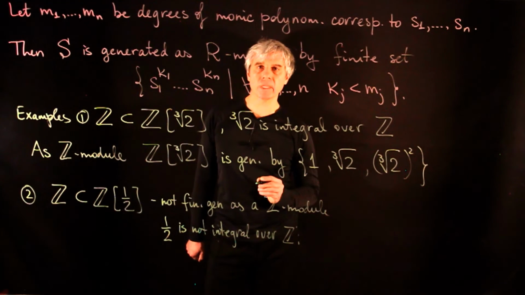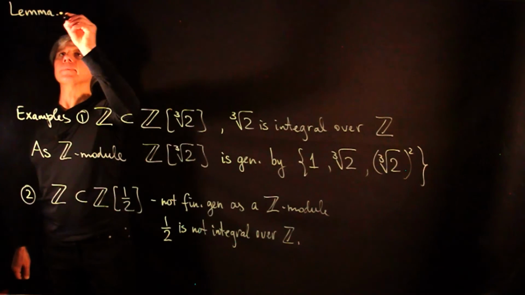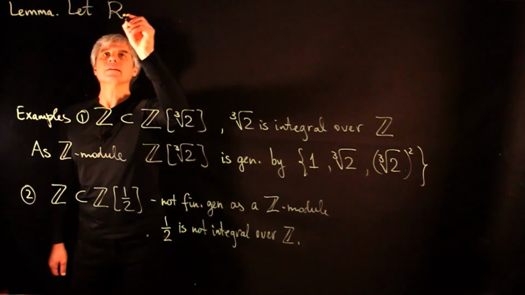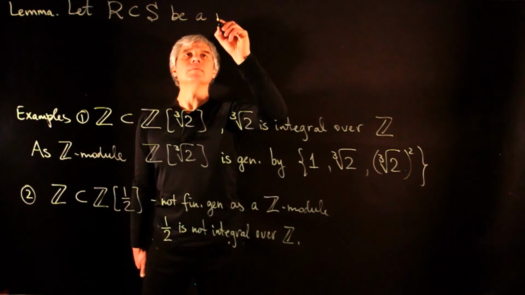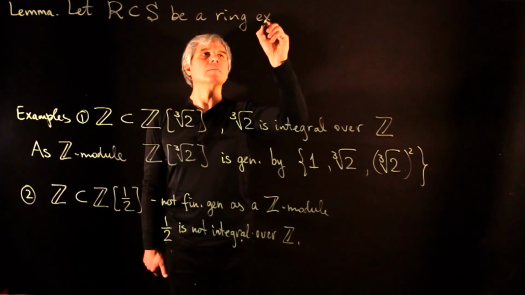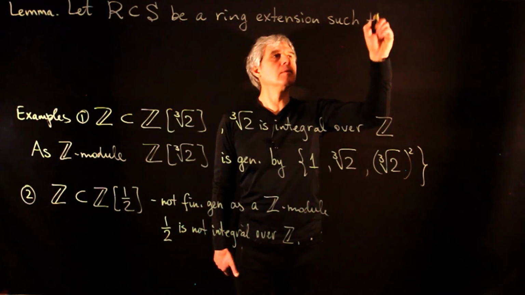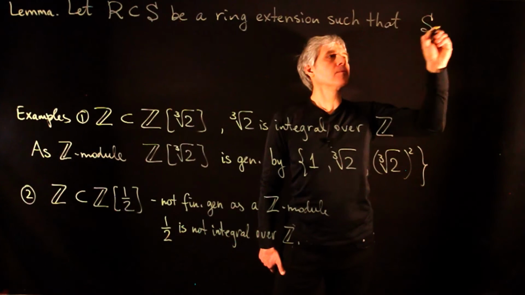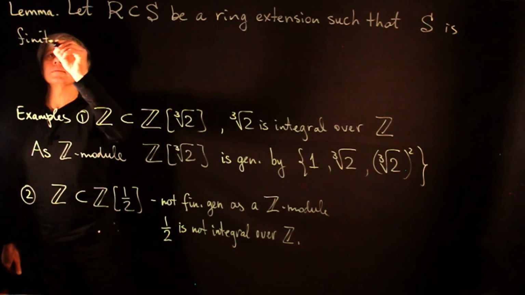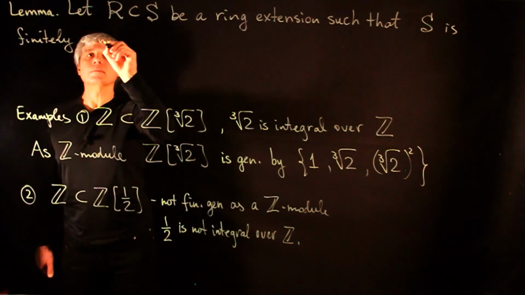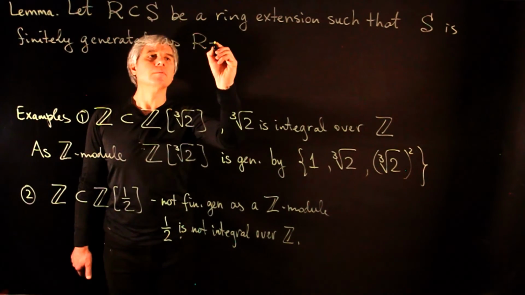Our second lemma is complementary to the first one. Lemma. Let S be a ring extension of R such that S is finitely generated as an R module.